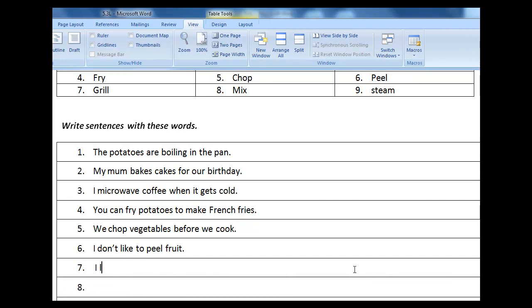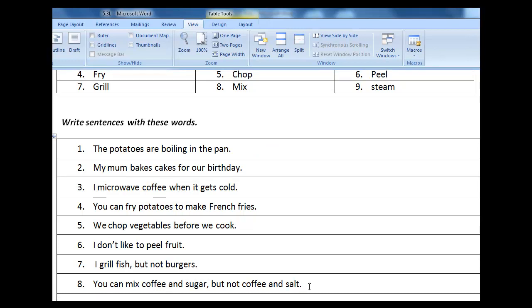I grill fish, but not burgers. And you can mix coffee and sugar, but not coffee and salt. And steam. I like to steam food. It's healthy.